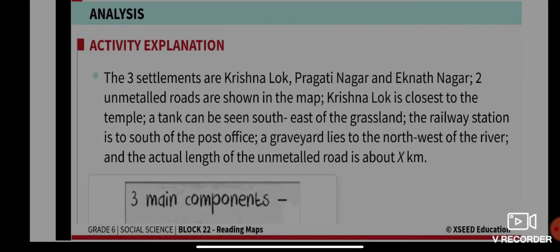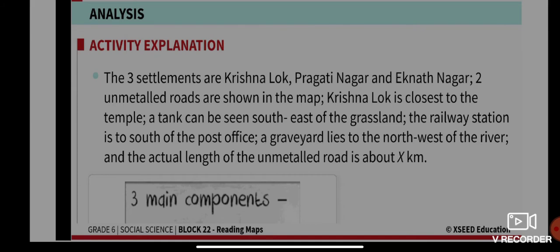So see, the three settlements that you'll find are Krishna Lok, Pragati Nagar, and Eknath Nagar. There are two unmetalled roads shown in the map. Krishna Lok is closest to the temple. A tank can be seen southeast of the grassland.